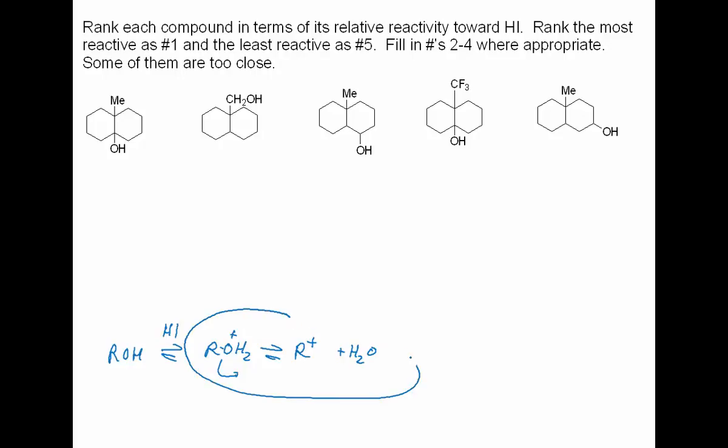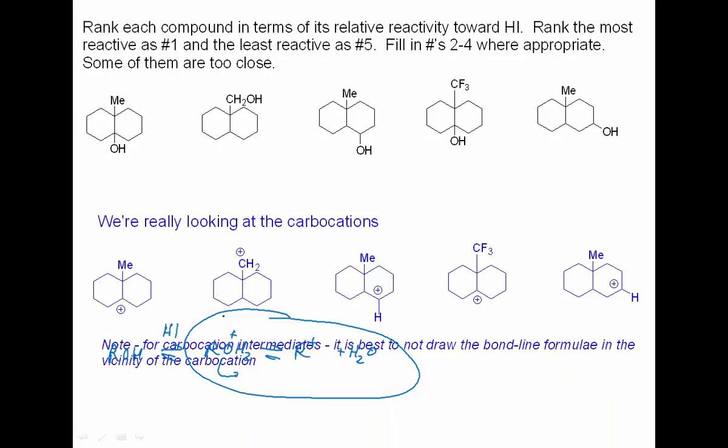So all we have to really concern ourselves with is how these compounds are going to fare in this one step of the reaction. So what kind of carbocations are each of these alcohols going to lead to? Looks like I picked a rather poor place to put that picture. Sorry about that. But the one here on the far left is going to make a tertiary carbocation.